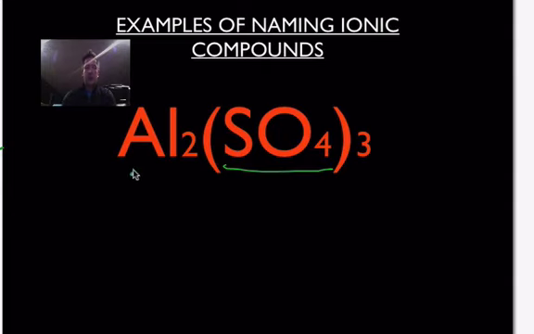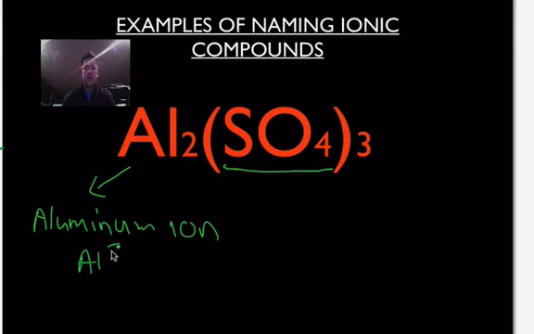So what we have here is our aluminum cation. Okay, so it's our aluminum ion, and aluminum actually has a 3+ charge.